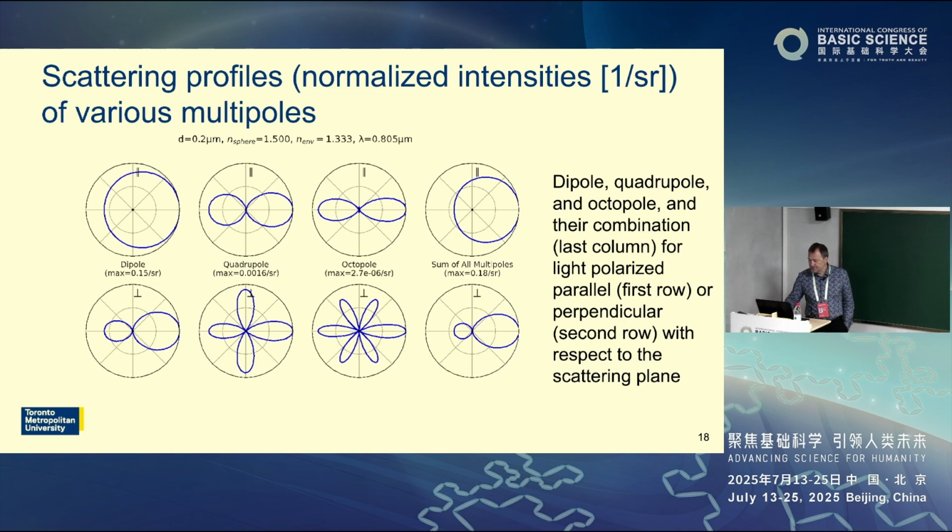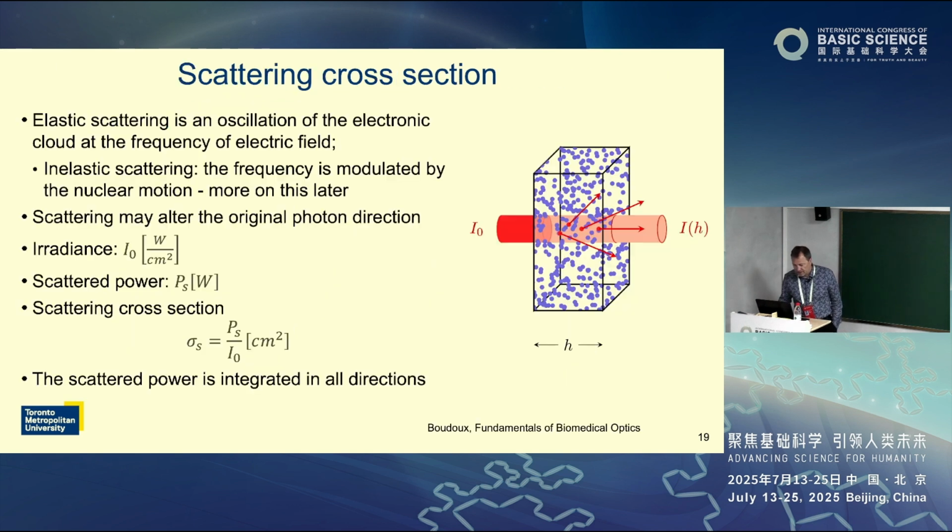The point is that depending on how many dipoles we consider in the system, the scattering phase function is pretty different. And the scattering cross-section overall is described in a similar way as the absorption.